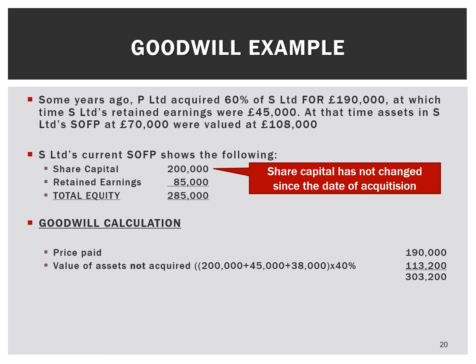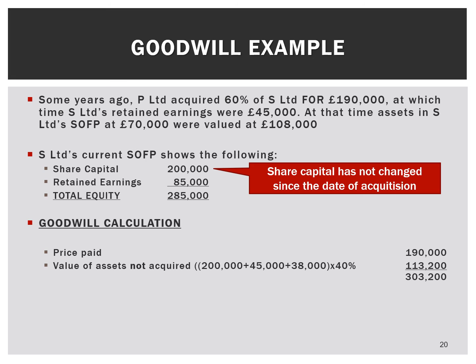Don't make the mistake of using the current 85. So share capital at the date of acquisition plus retained earnings at the date of acquisition plus the fair value adjustment to reflect the fact that assets in the statement were worth 38,000 more than the recorded figure. So those three items added together give us the value of S Limited at the date we acquired our 60%. So 40% of that value, 113,200, belongs to someone else.